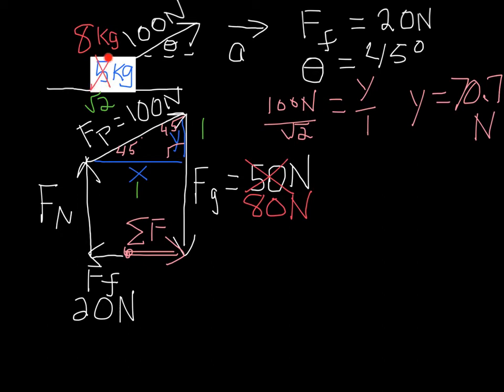So I changed this from 5 kilograms to 8 kilograms. Therefore, the gravitational force is 80 newtons. All right, so the normal force will be equal to Fg minus y.